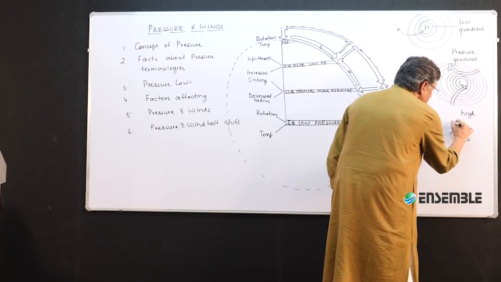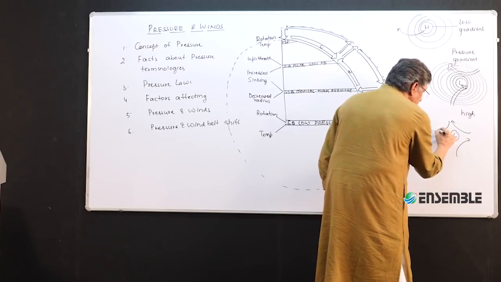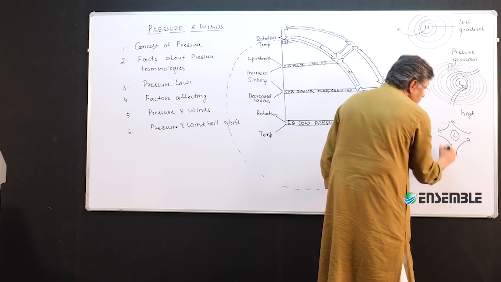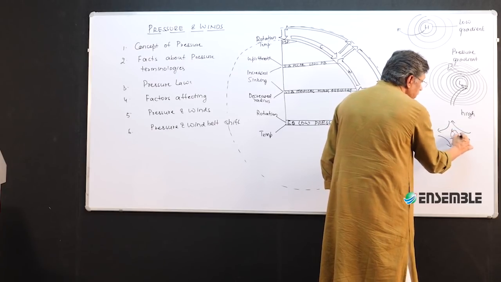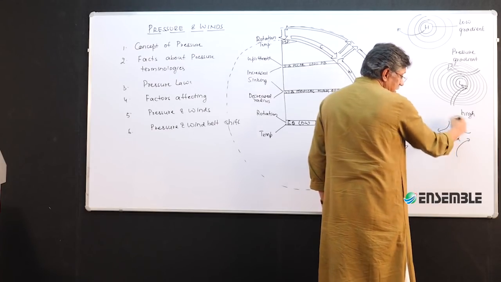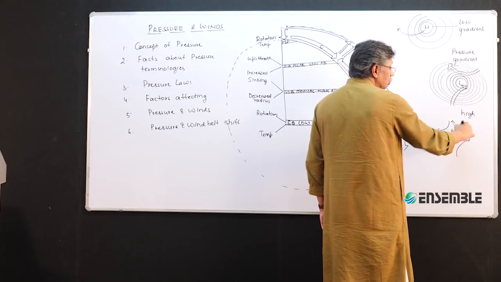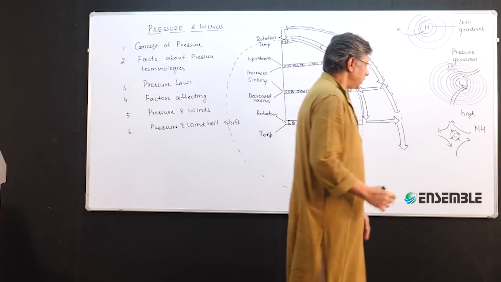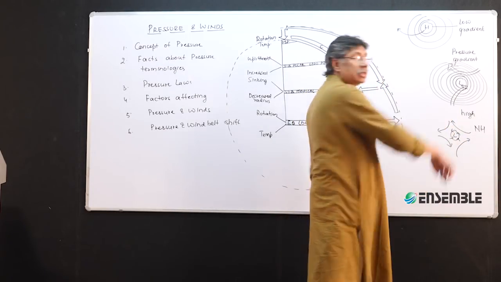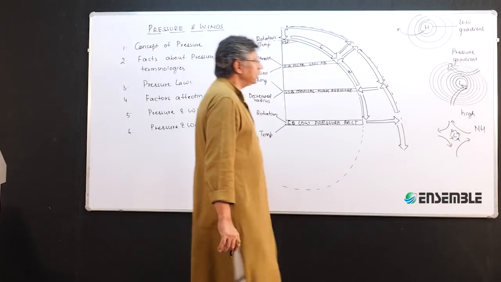Consequently, this is how the cyclonic circulation moves in the northern hemisphere.